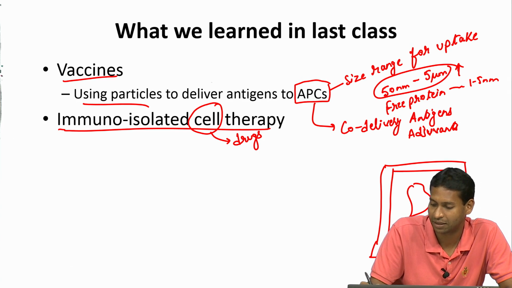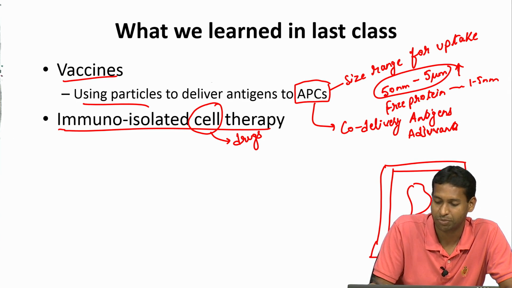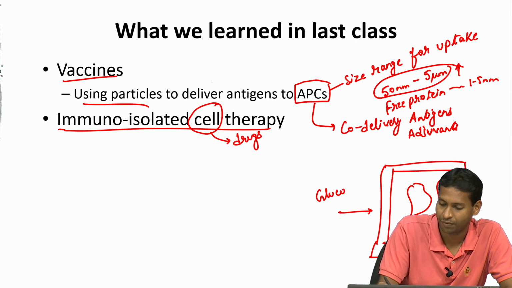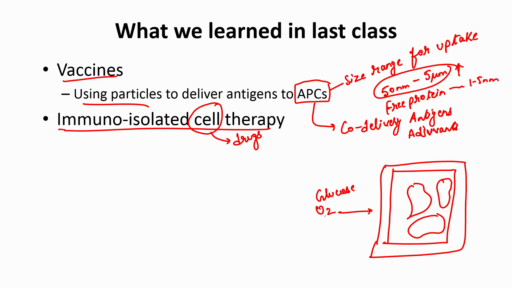So, your cells can just reside in this chamber, whose pores are small enough to allow glucose, oxygen, your other nutrients to go in, but it does not allow your antibodies and cells to go in, and that way you can have this isolated from the immune system to some extent, and we will see how this goes on in today's class.